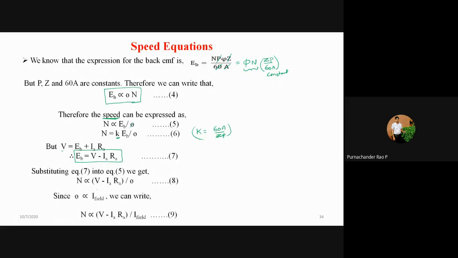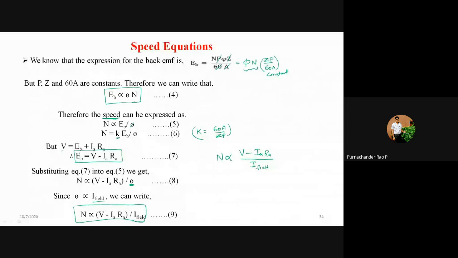Here the flux phi is proportional to the field current, so you can write the speed equation as N proportional to V minus Ia Ra divided by I field. This is the speed equation.